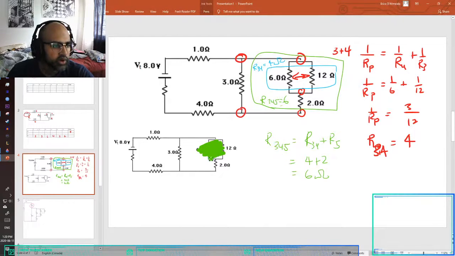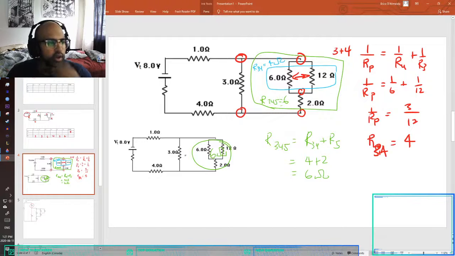That's one resistor now, and all of that resistance is equal to 6 ohms. Let's just keep it simple: all of this is equal to 6 ohms.